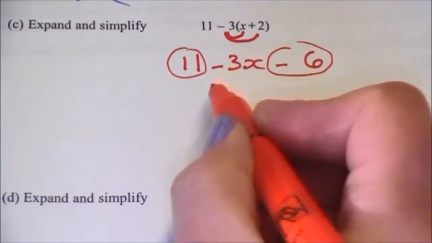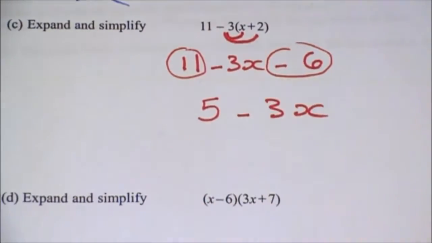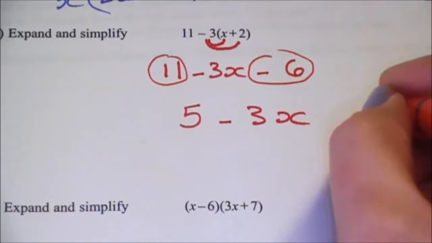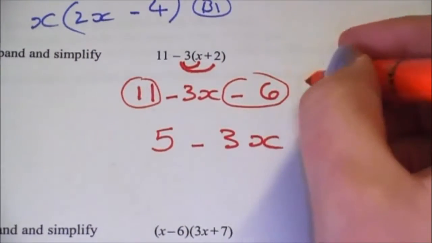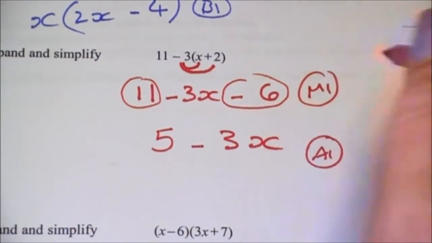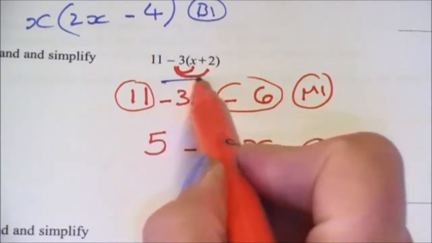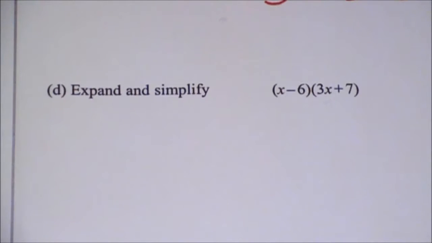And 11 take 6 is 5. And I can't do anything with that minus 3x. So my answer is 5 minus 3x. I get an answer mark for that. And my method mark actually comes in for showing that you have successfully expanded the bracket.